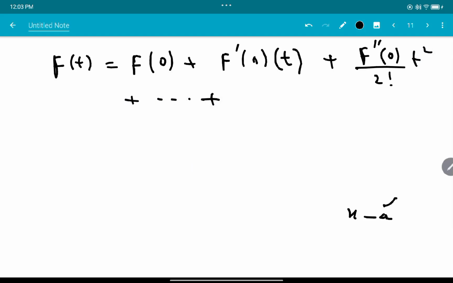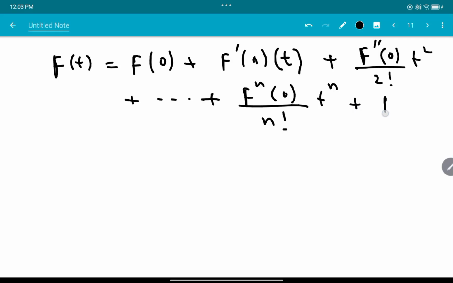plus f n 0 divided by n factorial t raised to n, then the rest is the remainder, and the remainder is f n plus 1 evaluated at some middle point c.